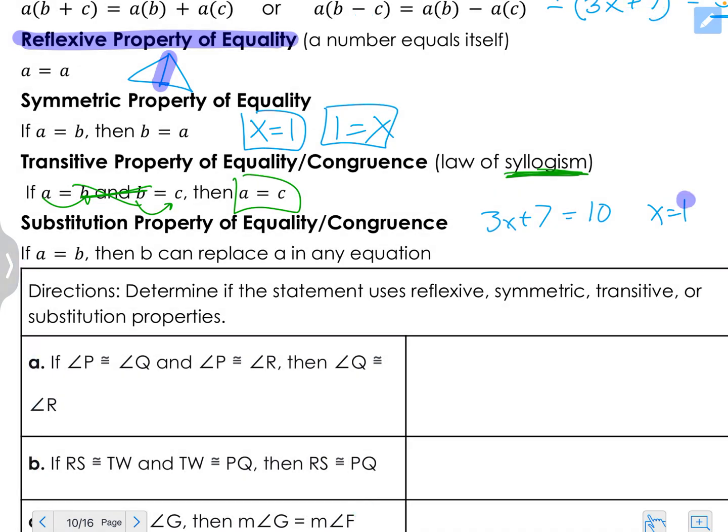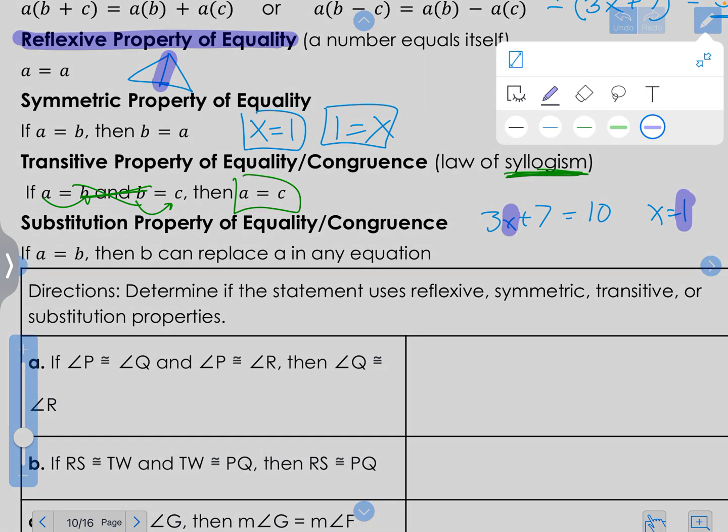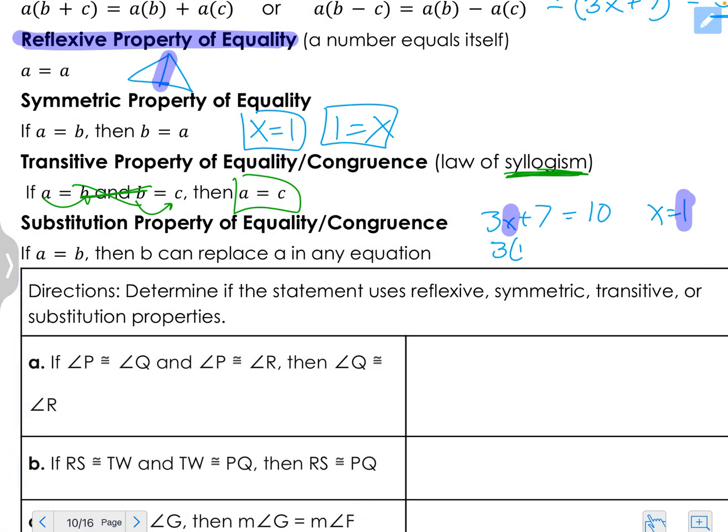We can then substitute that 1 in there, and we can solve the problem. So 3 times 1 plus 7 equals 10. And that's all that substitution property is, that we plug that 1 in there.